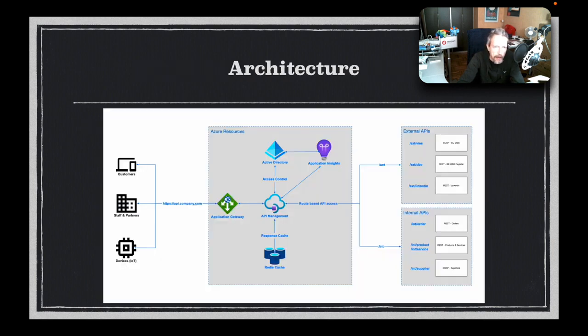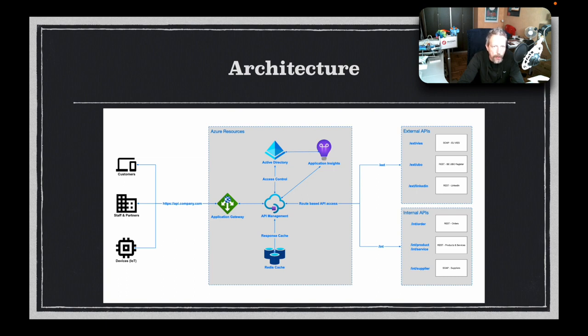From a high level perspective, you will need to have the access control for users, for partners and other enterprises, maybe even your staff, or it could be IoT devices.